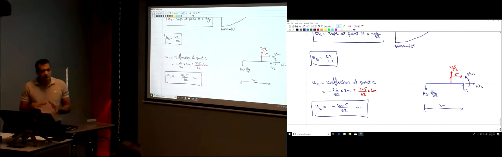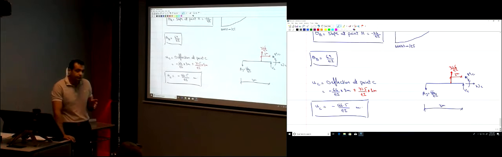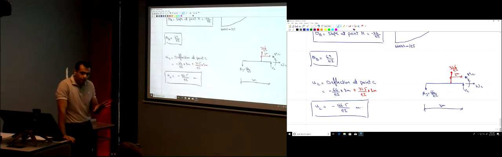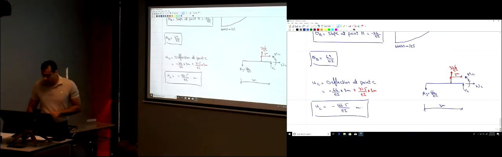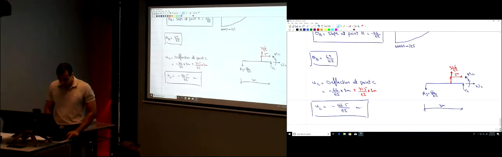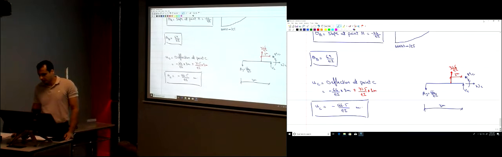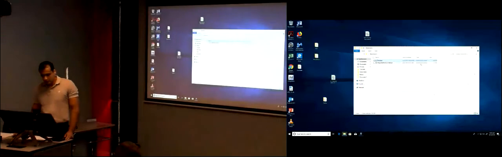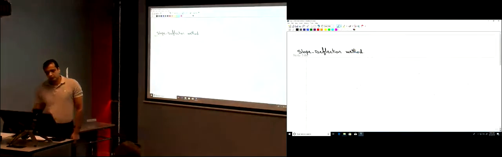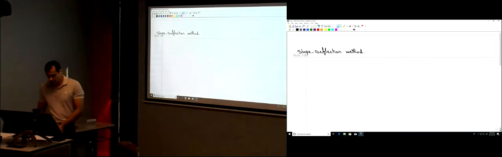So you're not going to use the conjugate beam method yourself, but we need the conjugate beam method to prove some formulas, some values that we're going to use in the slope deflection method, okay? So now this ends our revision, and now we can start our new things this semester, the slope deflection method.